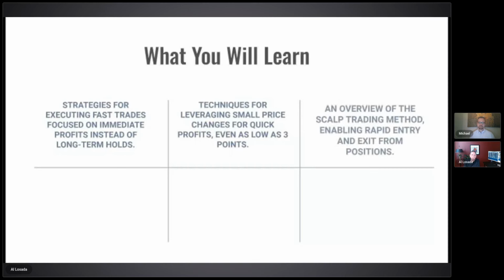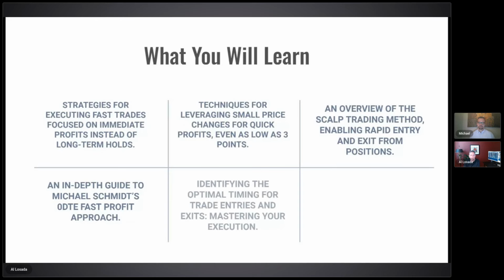And an overview of the scalping trading method, enabling rapid entry and exit from positions. One of those times, Michael has come in, traded about 5-10 minutes, got his profits and gone. So that's very typical, all right?